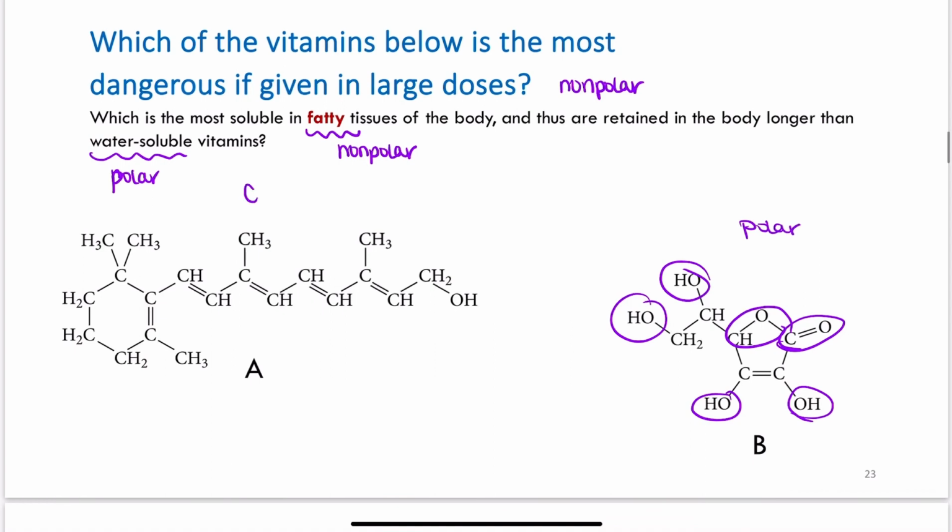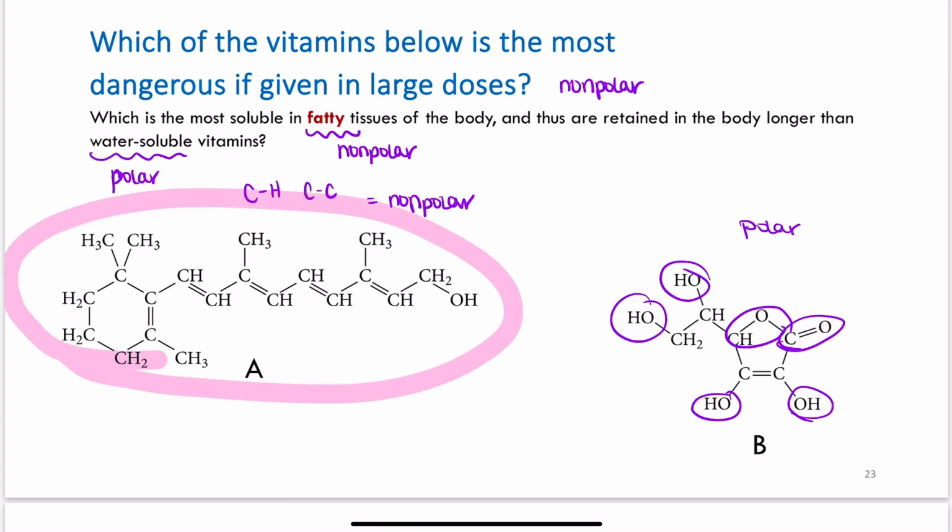This has all carbons and hydrogens. This is nonpolar. So this is going to be the vitamin that's going to be the most dangerous if given in large doses, because it's so nonpolar. It's going to stay in the fatty tissues of the body longer instead of being washed out with the water-soluble vitamins.